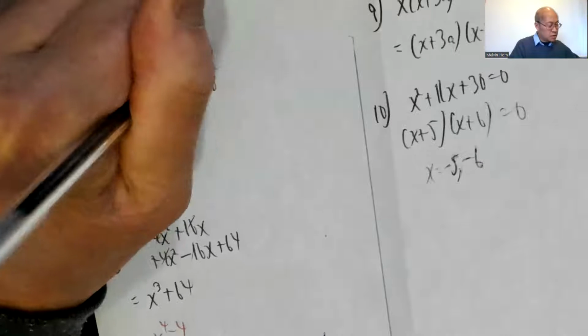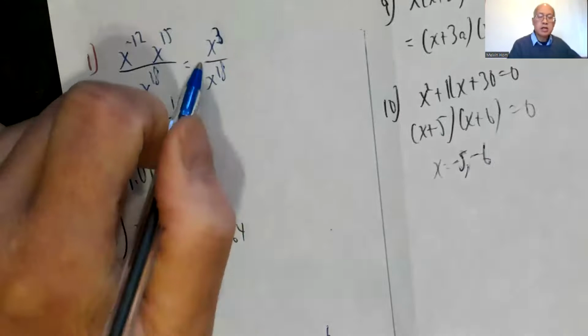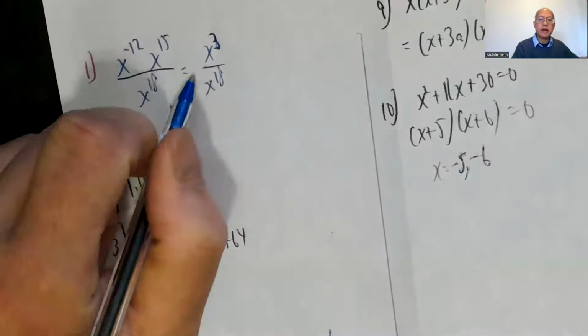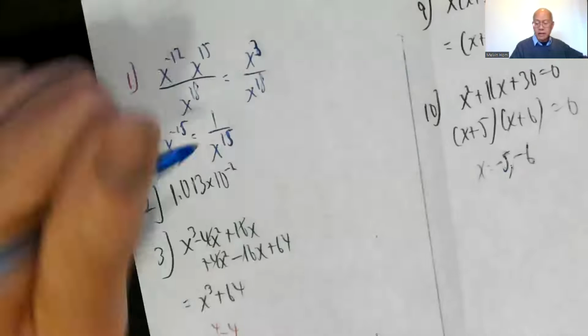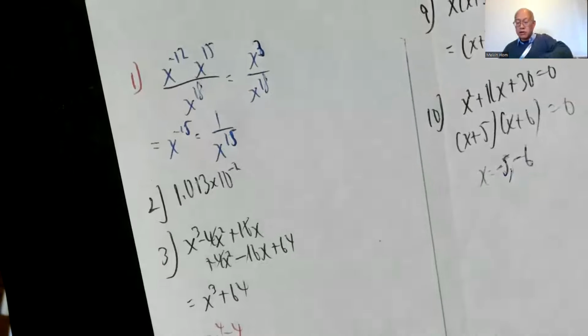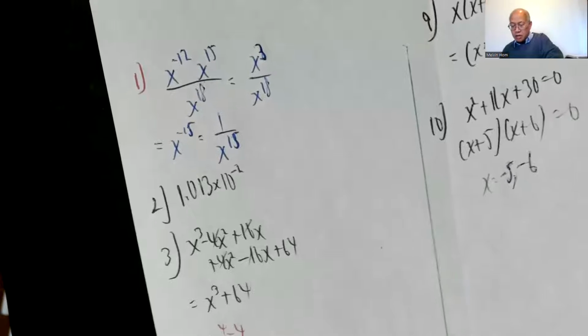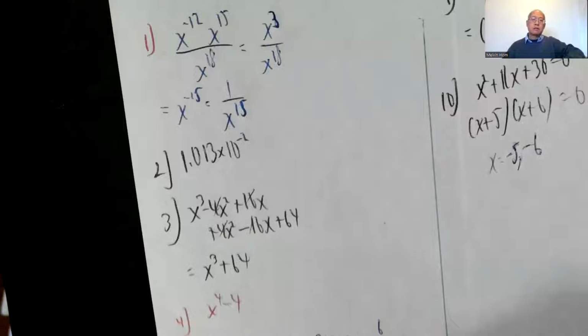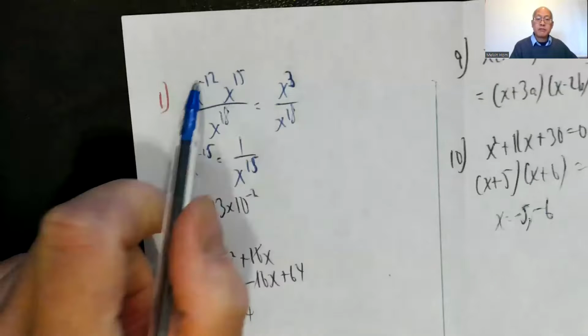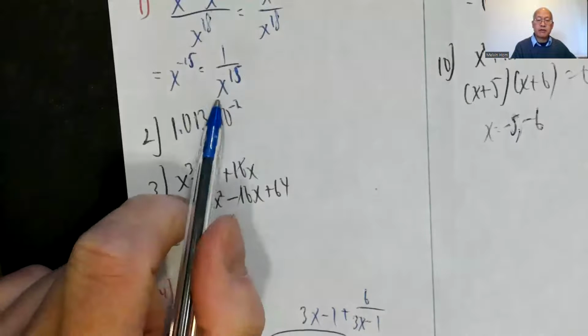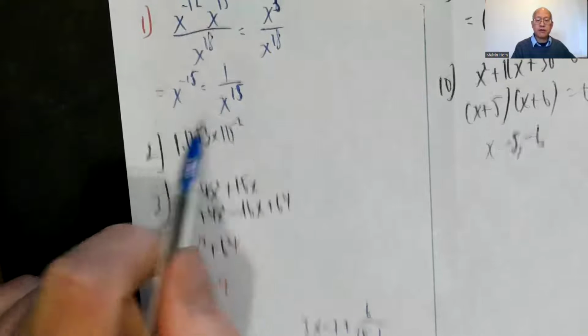Sorry, that should be x cubed over x to the 18th. Then you subtract, that gives me x to the negative 15th, or 1 over x to the 15th. So the final answer should be 1 over x to the 15th. I just messed up here. That's my own writing. But yeah, x cubed. So x to the negative 15, 1 over x to the 15th.